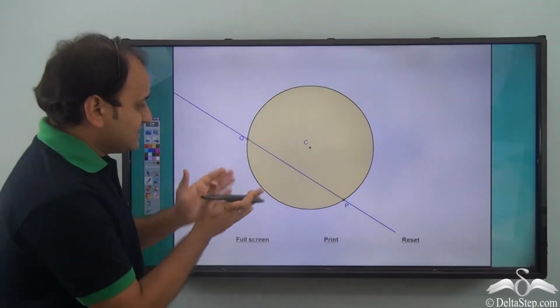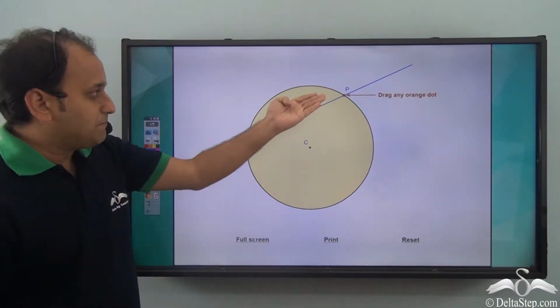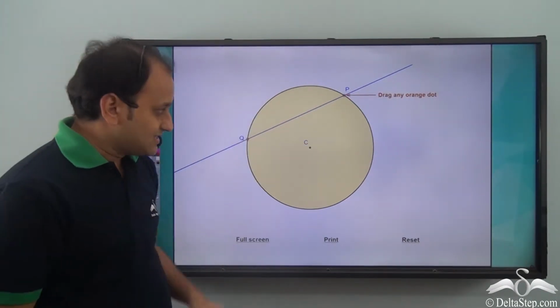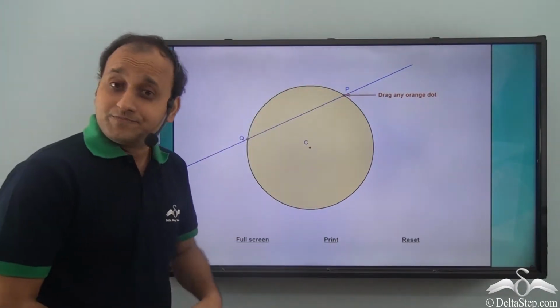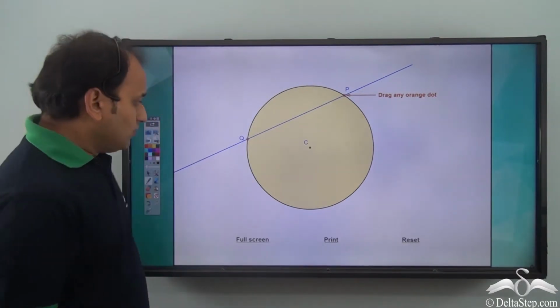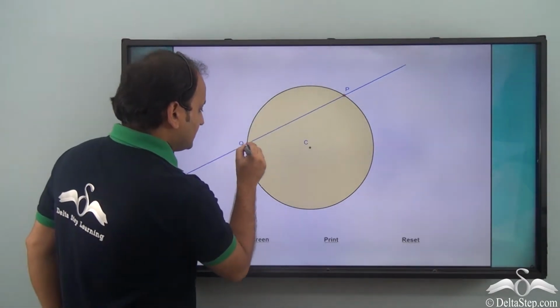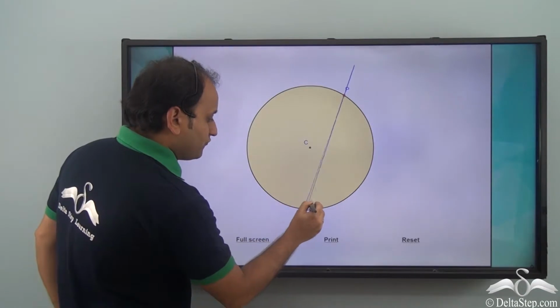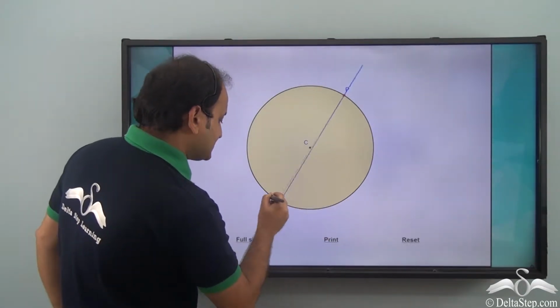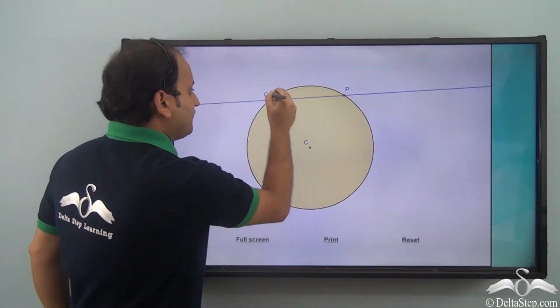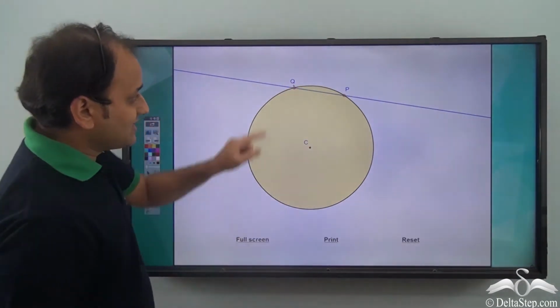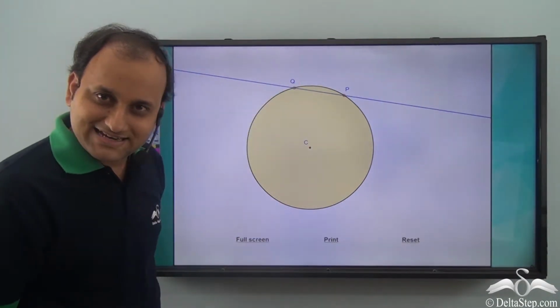So what do we see here? We see that PQ is a secant of this particular circle. Now, if I go ahead and move this particular point, wherever you take it, it is a secant, isn't it?